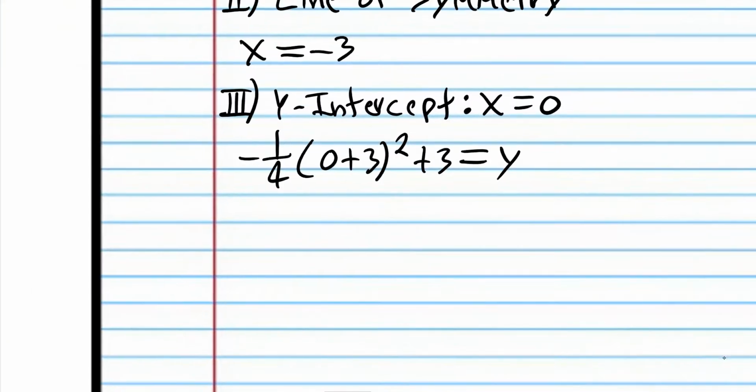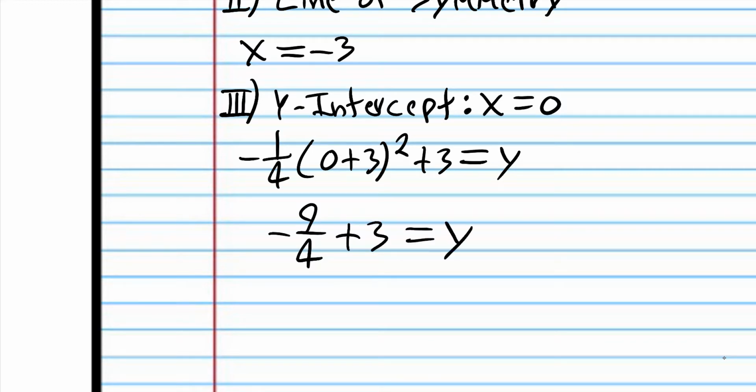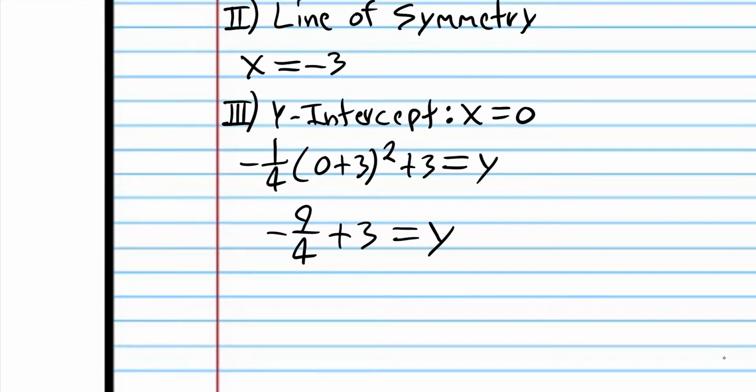So 0 plus 3 is 3, and then 3 squared is 9, and 9 times -1/4 is -9/4. So we get -9/4 plus 3 is equal to y. And this is going to be -2 1/4. And if you add that to 3, you get 3/4. So all that's going to be 3/4.